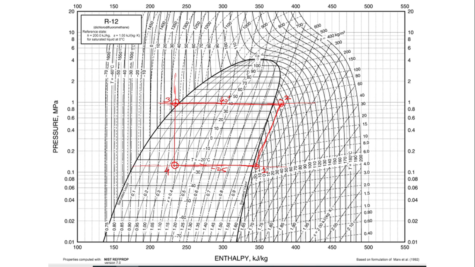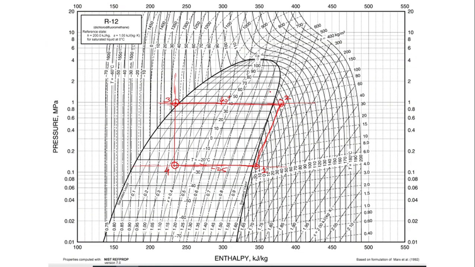With respect to point number 1, we'll just find out the enthalpy over here. So this is about 340. We'll have the enthalpy of H1. I am noting down the enthalpies over here. So that enthalpy for H1, that is the compressor inlet, is 340 kilojoule per kg. Then we'll have the enthalpy at point number 2 over here.